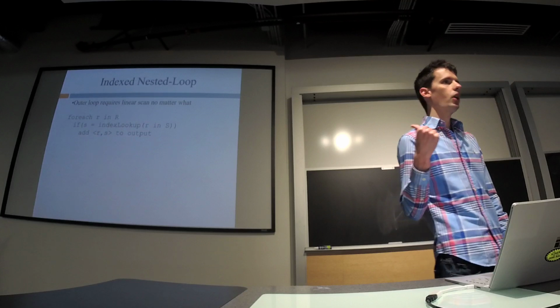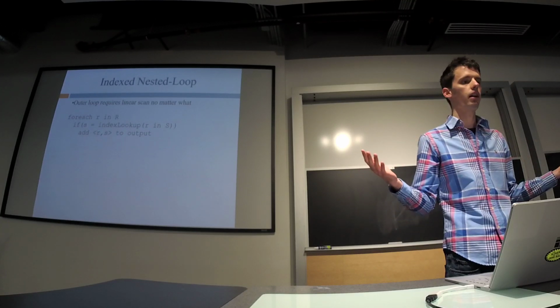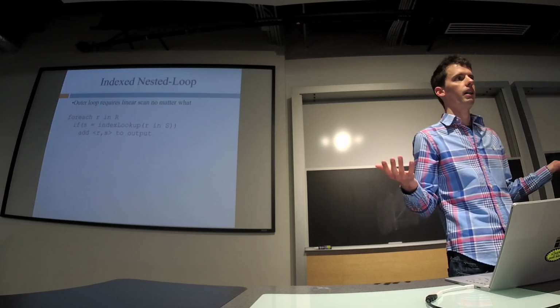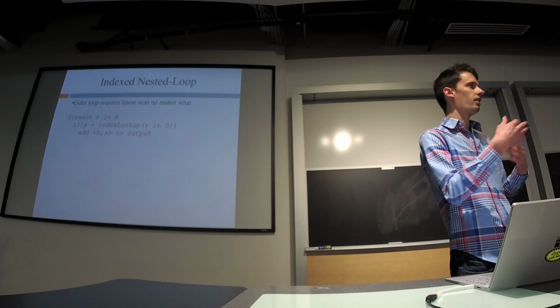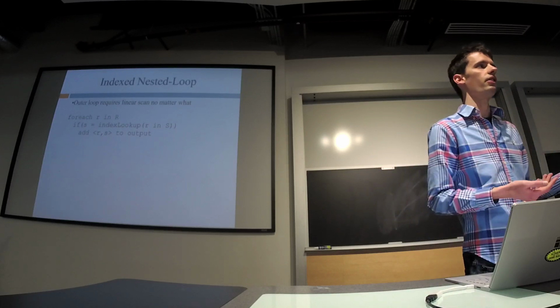This is basically what the code looks like now. Pretend R is an array, and pretend S is now a data structure, like a tree. You can't do a more efficient iteration on a tree. An iteration is still an iteration.